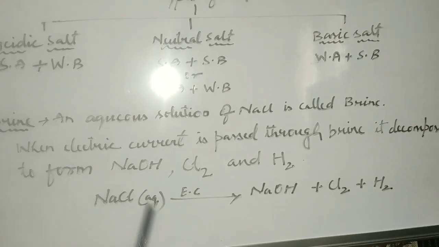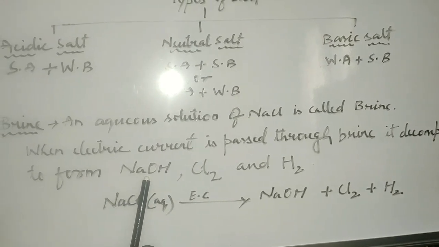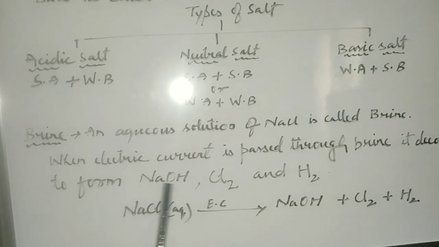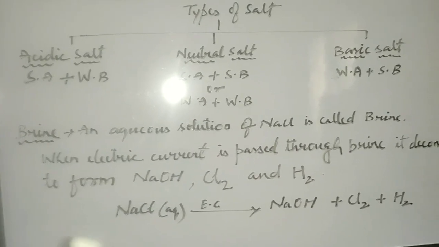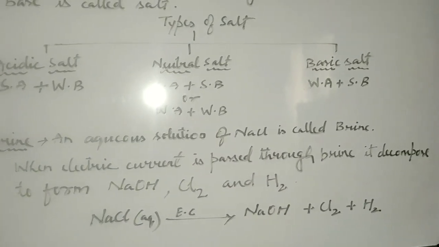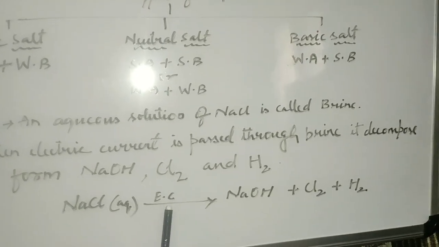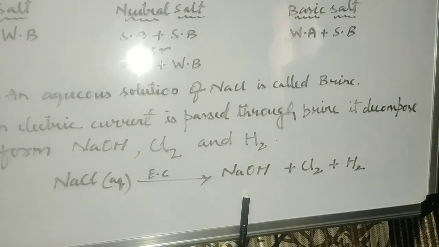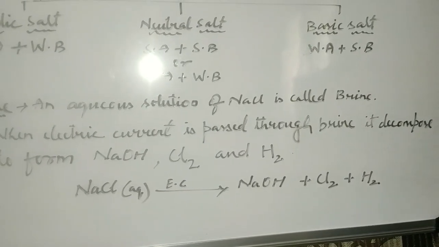As during this process sodium hydroxide, that is an alkali, and chlorine gas is formed, this process is also known as chlor-alkali process. NaCl aqueous, when electric current is passed, decomposes to form NaOH, alkali, chlorine gas and hydrogen gas.